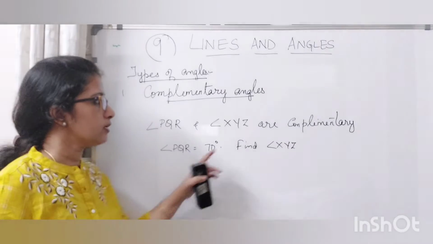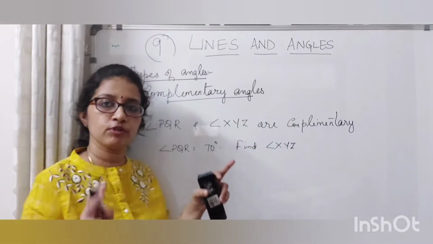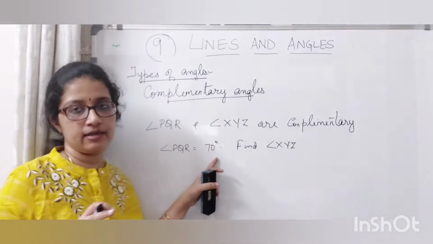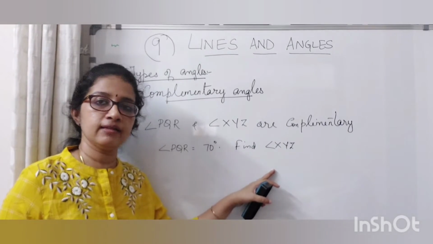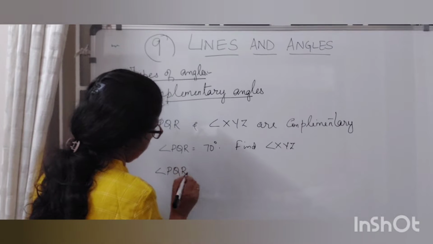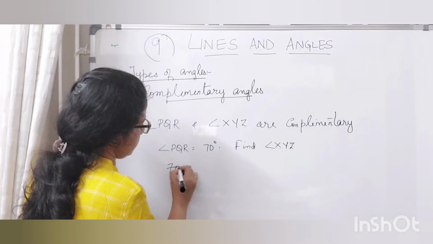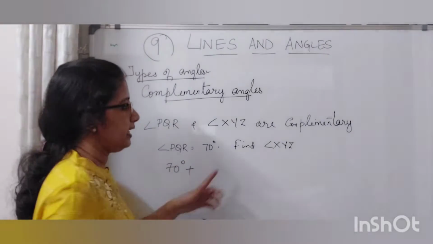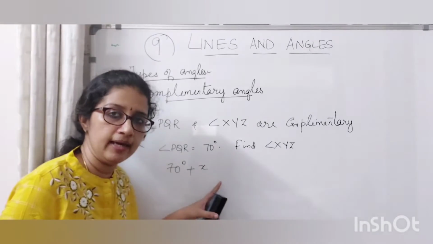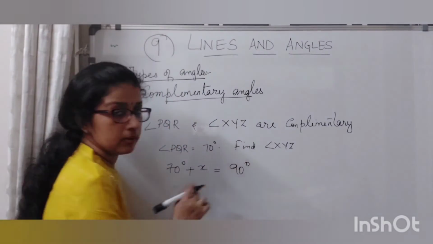So how will you do it? They have said both the angles are complementary. That means the sum of both the angles is equal to 90 degrees. And they have given one angle, so it is very easy to find the other angle. So angle PQR, that is 70 degrees, plus, let angle XYZ be X, is equivalent to 90 degrees since they both are complementary.